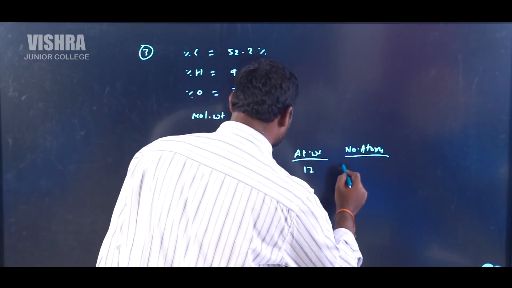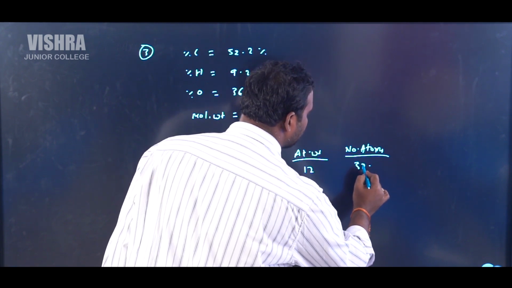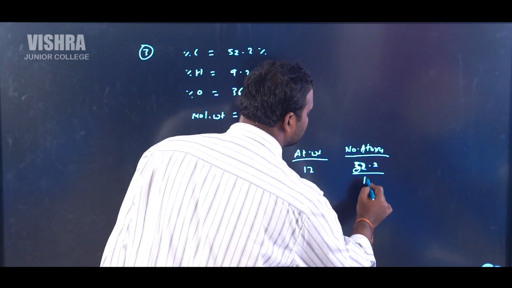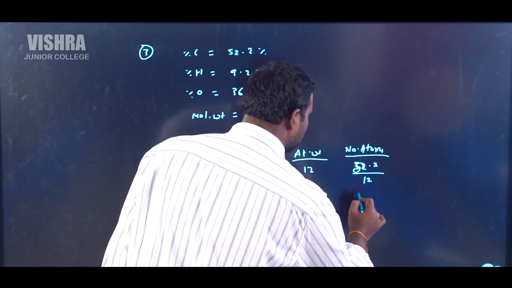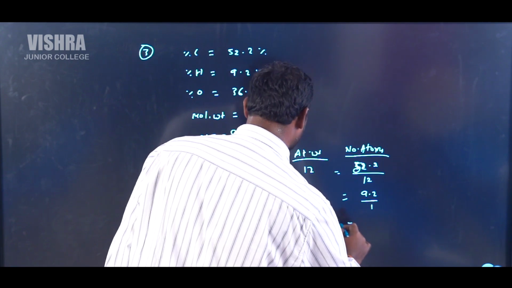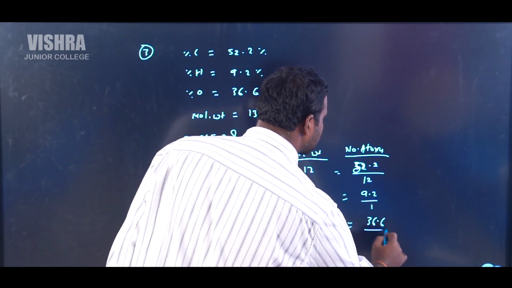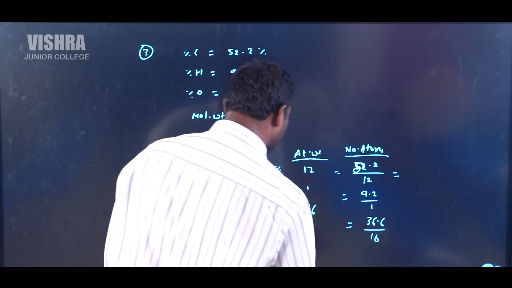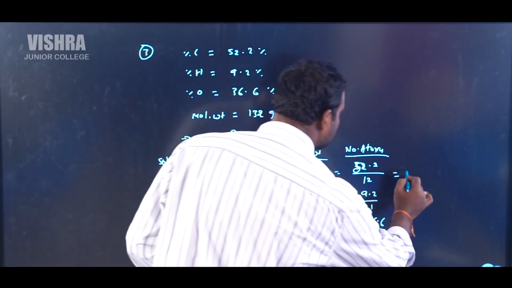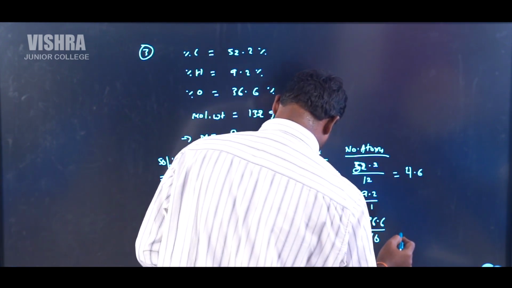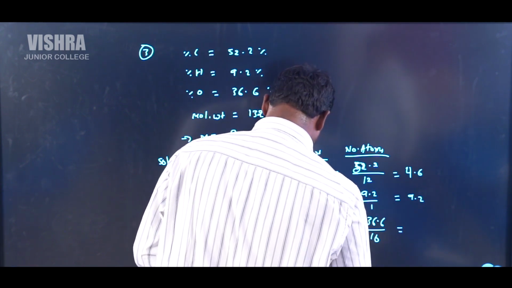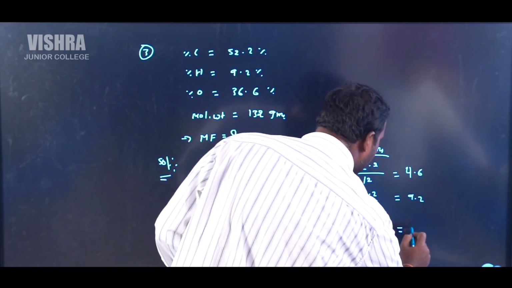The number of carbon atoms in the given compound is equal to 52 by 12, that is nearly 4.6. The number of hydrogen atoms is equal to 9.2 by 1, that is 9.2. The number of oxygen atoms is equal to 36.6 by 16, that is 2.3.